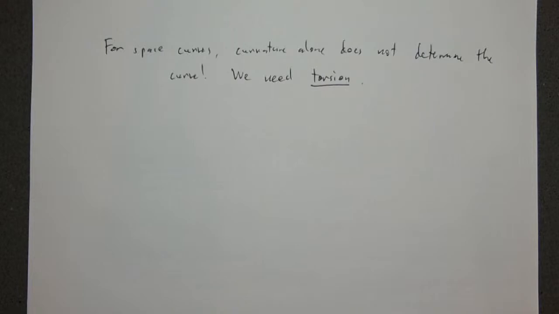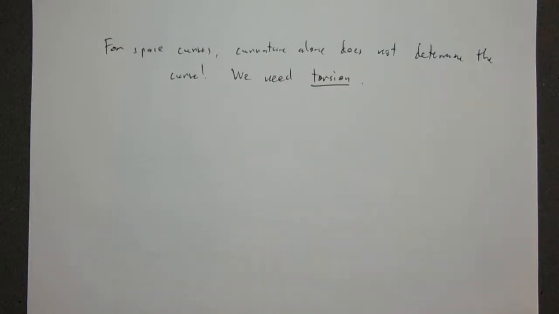Now, what is torsion? Let's define it and then we'll talk about it next time. So let me quickly define the torsion. The most convenient explanation of the torsion is as follows.